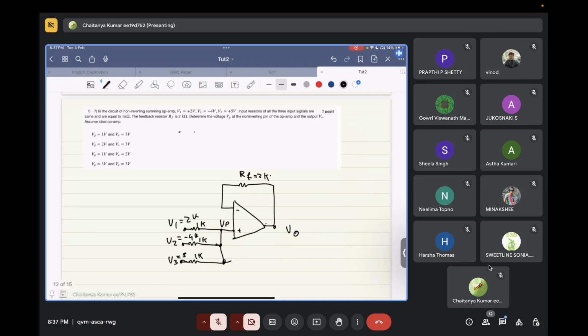So what will be your Vm? Vm will be equal to, is it 0? Why will it be 0? What is virtual ground?